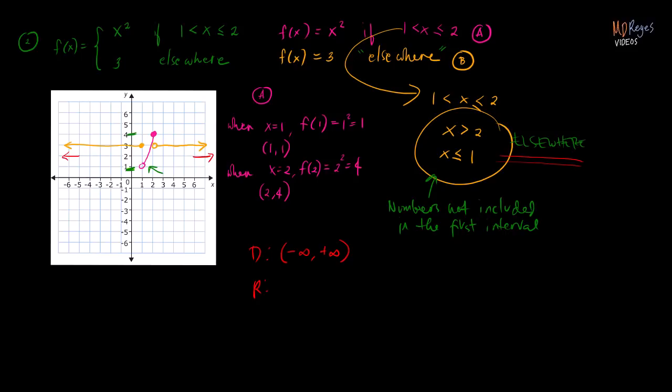So which means to say that 1 is not included in the range of the function. But this is a shaded circle, meaning it's included in the range of the function. So the lowest point happens at y equals 1, but 1 is not included. So we use parentheses. And then the highest point happens at y equals 4, but 4 is included in the range just because we have a shaded circle over there at that portion of the graph. So there you have it, the graph of the function and its domain and range.